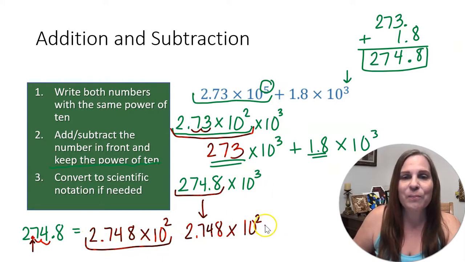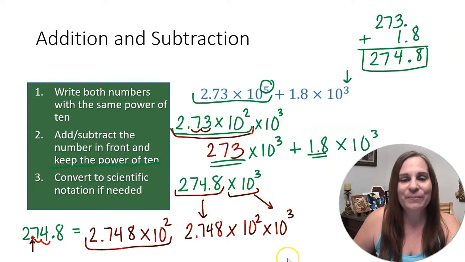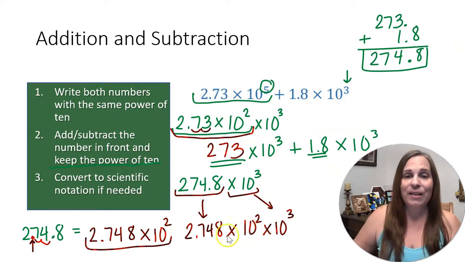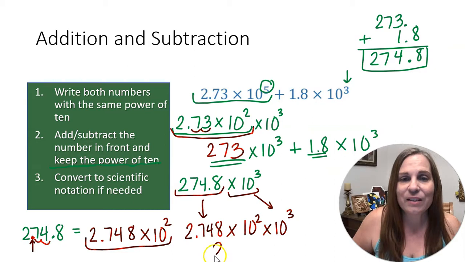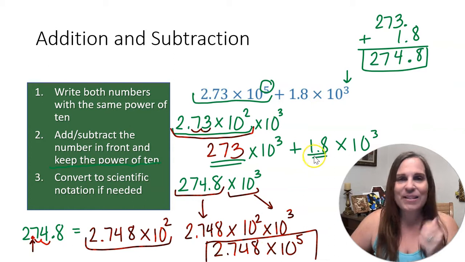But it's also times 10 to the third, because I have to also bring that part down. When we multiply with the same base, we add the exponents. So my final answer, this part stays like that. And then I have times 10 to the fifth.